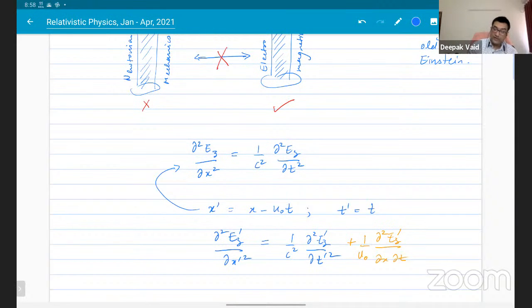Right? So this would violate the proposition that there is no absolute space or absolute time. It would violate the notion of relativity of motion.